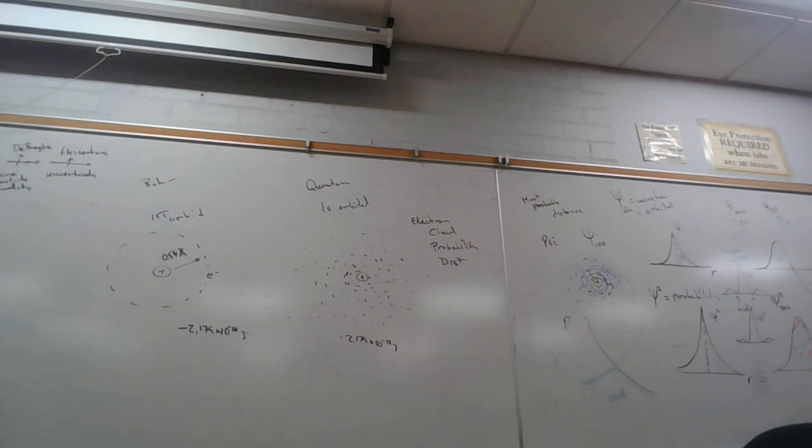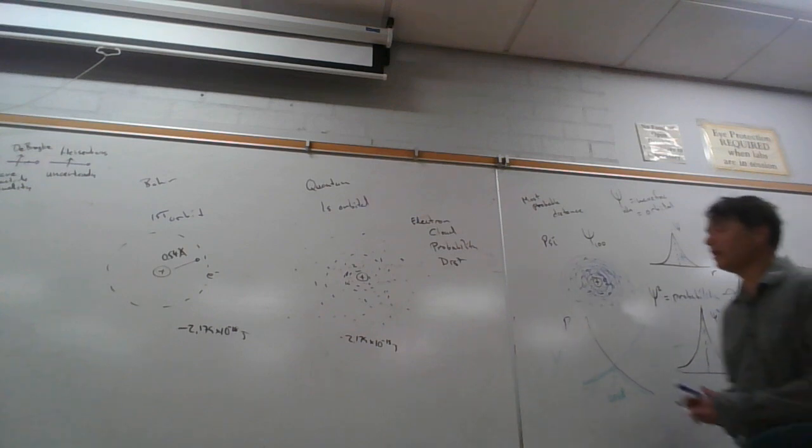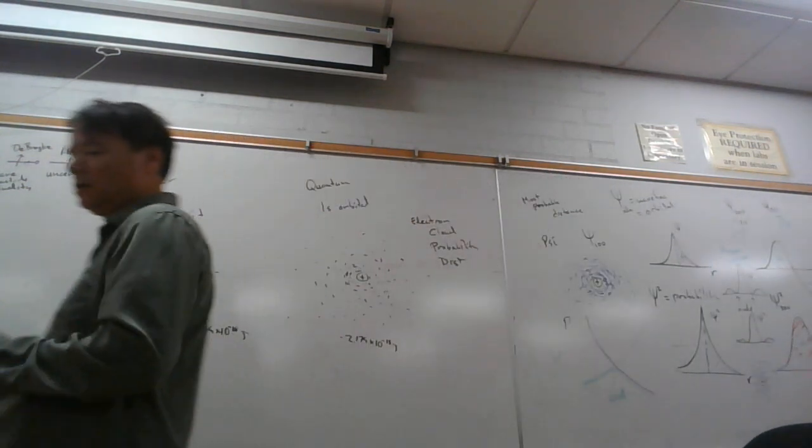The probability actually goes to zero at r equals infinity. So here's the internal node. This node is called a planar node. This node here is called a spherical node. And so we have different names for the nodes. But anyway, let's talk about the wave and the wave functions.